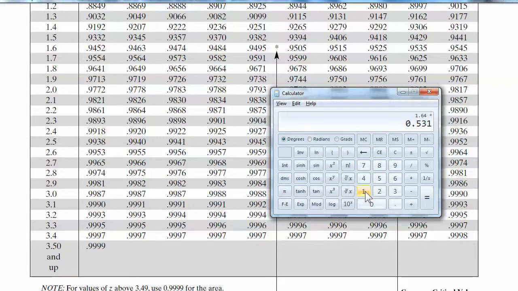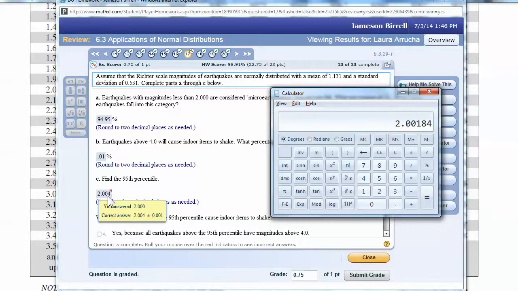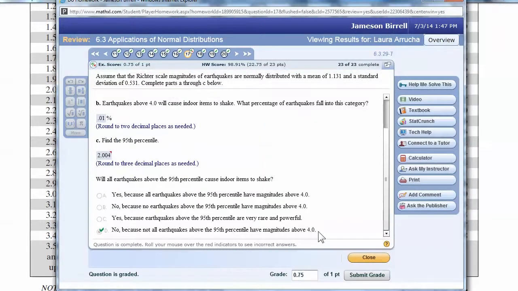Multiply the standard deviation, add the mean, voila, your answer revealed. So that's what you must have done.